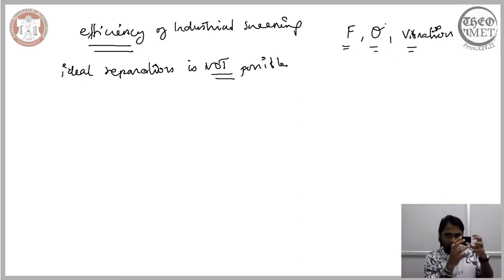So when you build a screening setup on an industrial scale, you need first to know how much screening is being done. What is the degree of screening achieved for your given screening setup? You have fixed the feed rate, the angle of inclination, and the vibration rate.